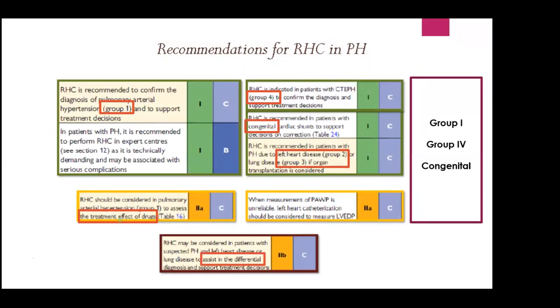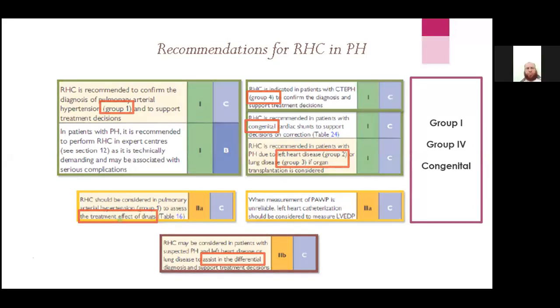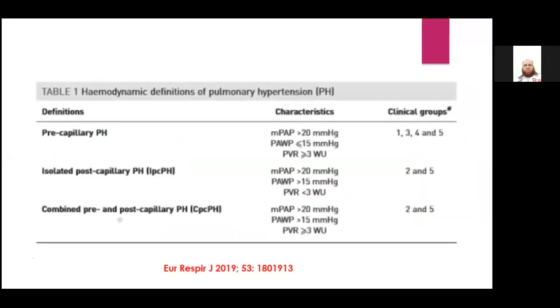So the right heart cath is not indicated for every patient with pulmonary hypertension. And we have a recent modification of the definition of pulmonary hypertension. The latest World Symposium on Pulmonary Hypertension stated that pulmonary hypertension can be defined as elevation of mean pulmonary artery pressure more than 20 millimeter mercury.